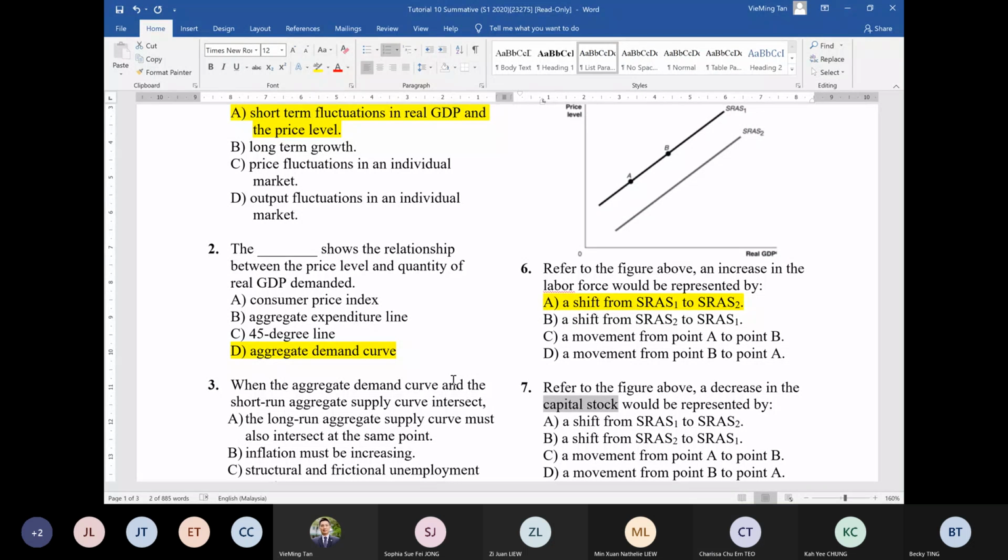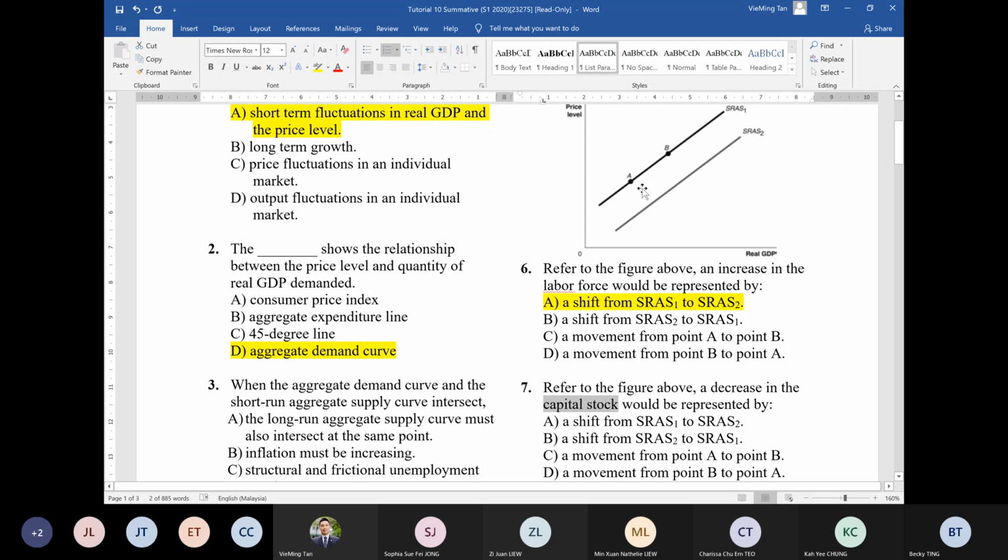Okay, you see, if the capital, which is one of the resources available in the economy, is reducing, that means the economy has fewer machines to produce product. So the aggregate supply curve will shift to the left-hand side. It will reduce the production already.